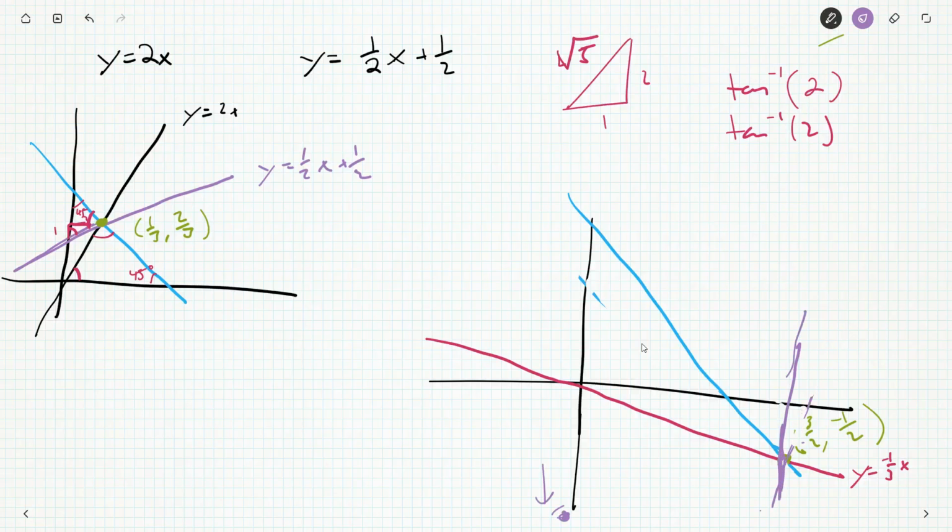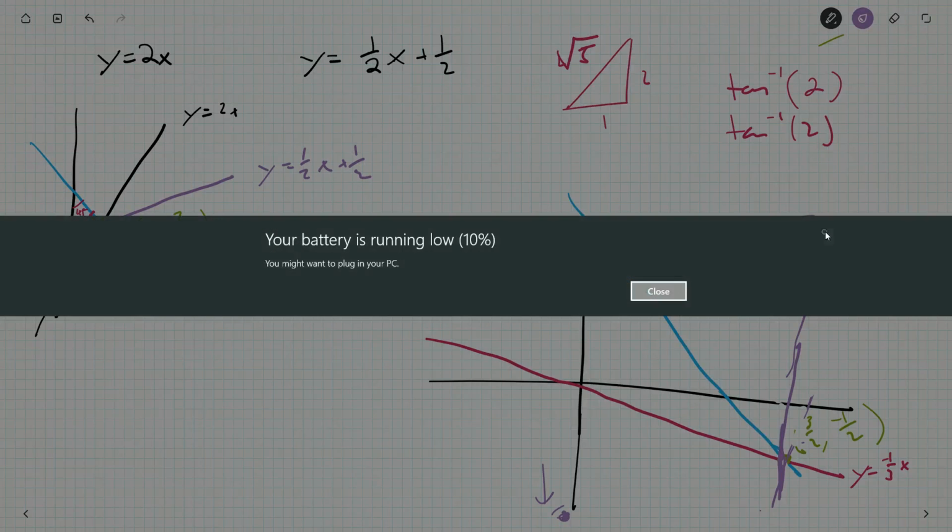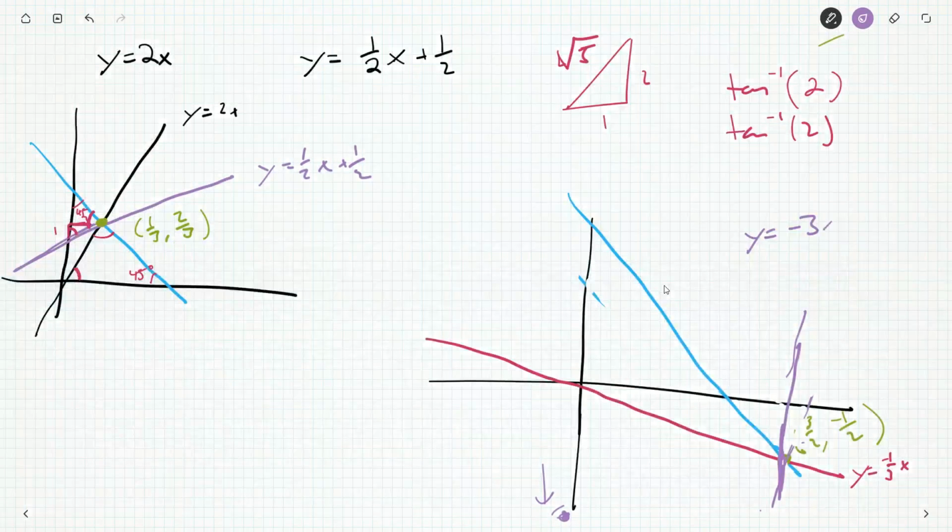Alright, now what does the theory tell me? It should be y equals 1 over k. Well, k in this case is negative 1/3, so negative 3x. And then plus, we're going to have to go back. What was the rest of the theory?